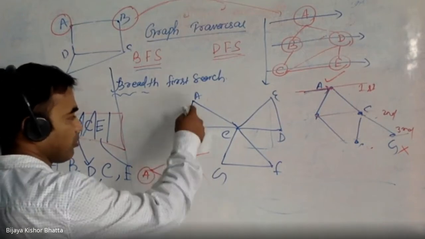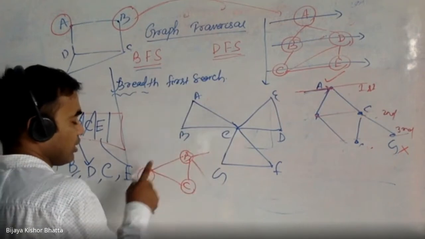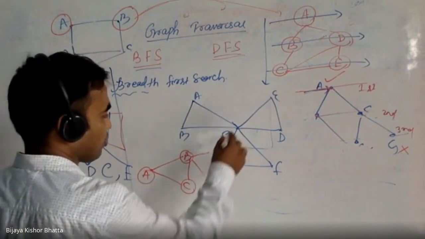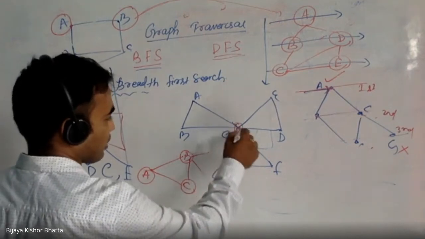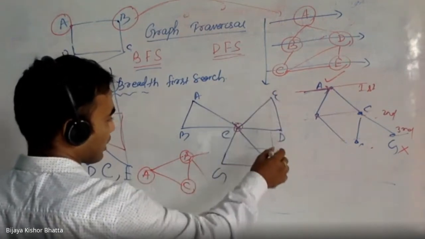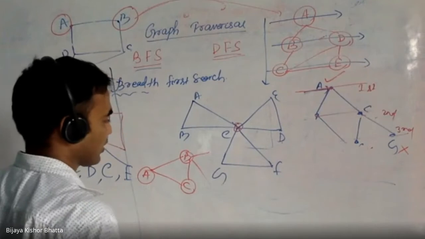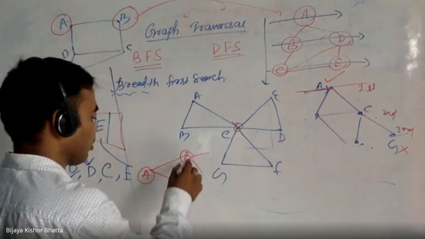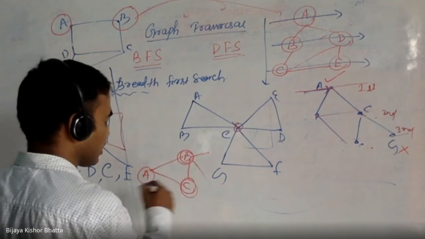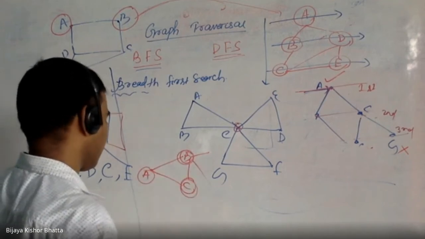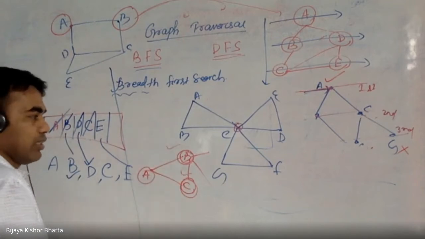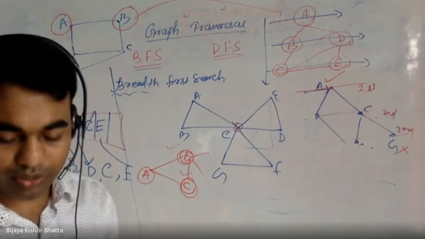Suppose you are here; you cannot say whether you should take E first or D first. So don't bother which one to take. You can take either B or D, C. That is the one thing I just wanted to say.